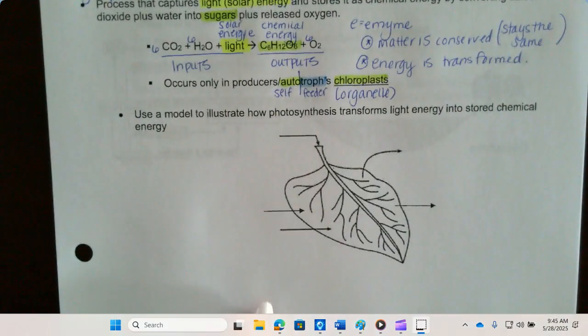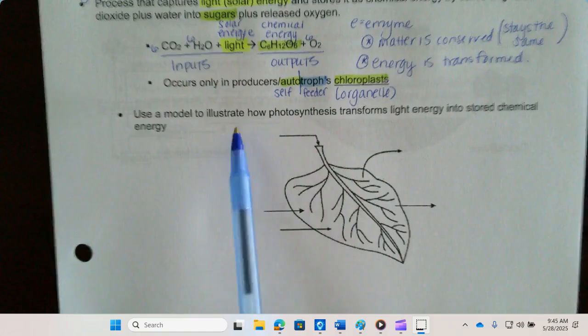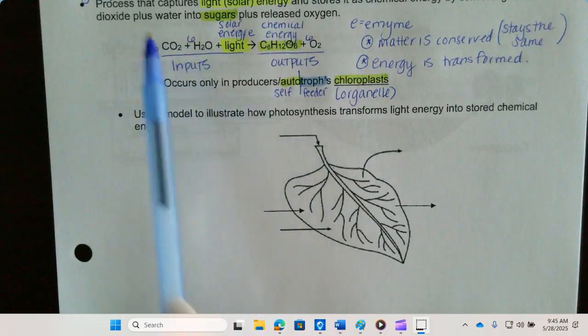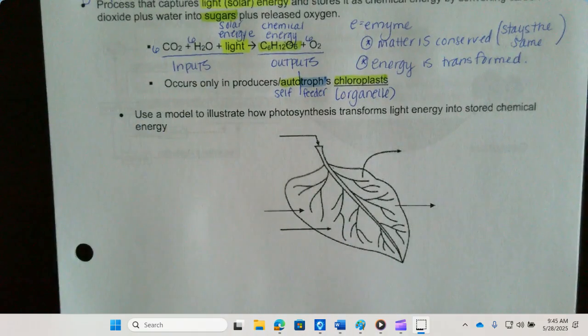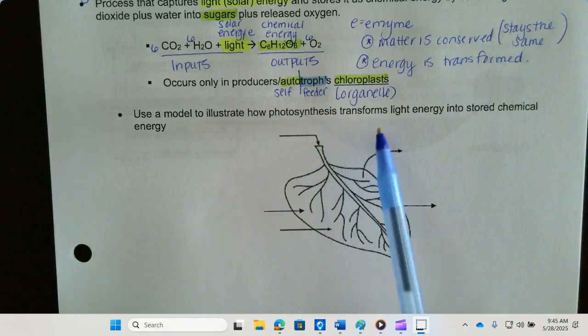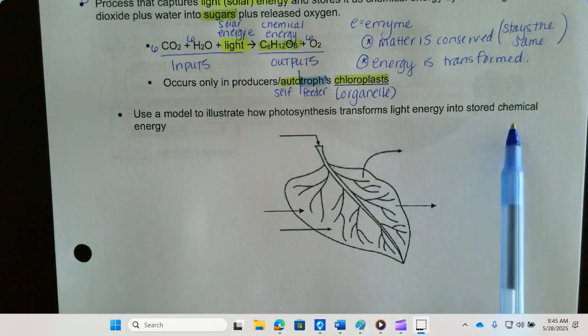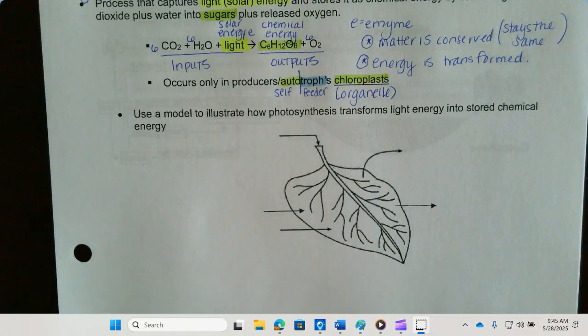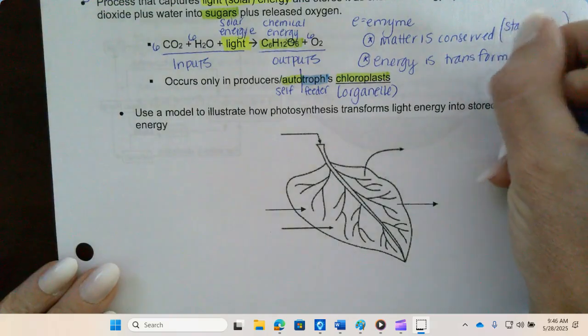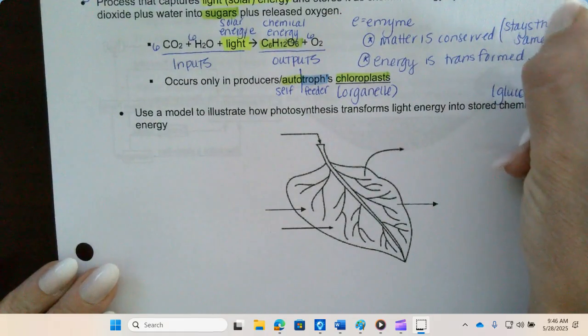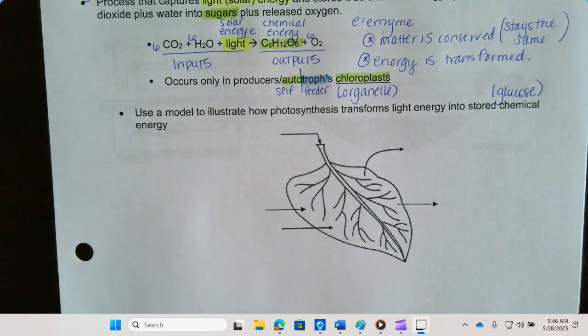Now we're finally getting down to the model. We need to be able to use a model to illustrate how photosynthesis, which we already broke apart up at the top, meaning using light to make food, transforms light energy into the stored chemical energy. Remember that stored chemical energy is the glucose. It might be helpful every time you see that to write that down. Practice, right?